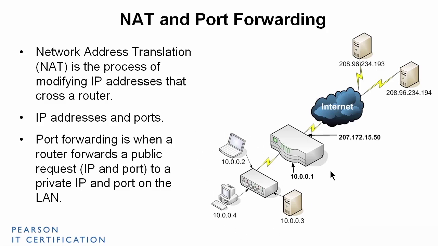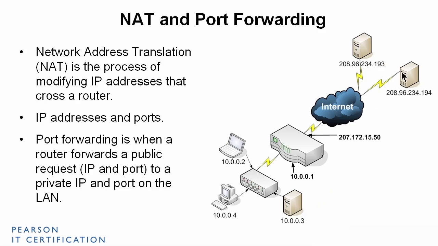You just want to have a special port forwarding happen from this public address out to this server. So what this does is it forwards an external network port to an internal IP address and port. So let's say this guy here was running FTP, he'd have inbound port 21 open.